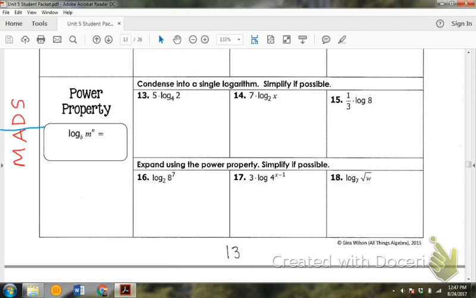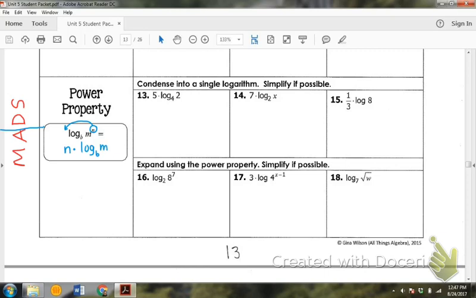So we're talking about the power property. The power property, we know that a power is an exponent. So if we're thinking about an exponent, what happens with an exponent when we are expanding this is our power is going to come out and be a coefficient of our problem. Okay, so if you have a power, if you're going to expand it, it's going to come out in front and say n times log base b of m.